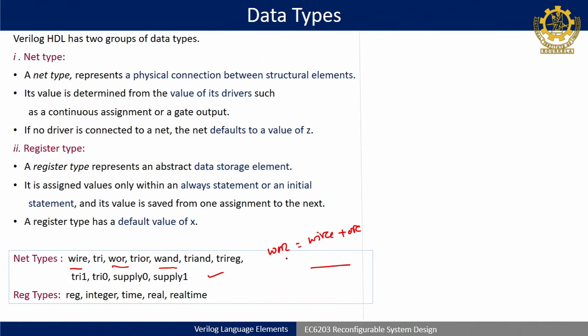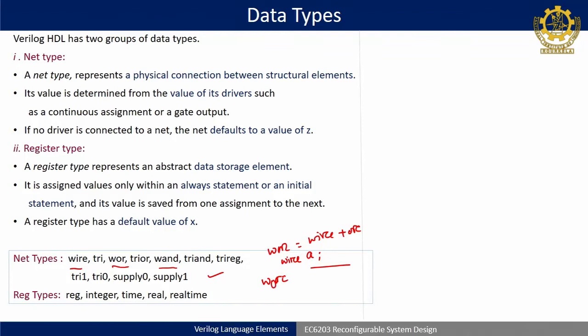If I write wire A, A will take only one value, either 0, 1, x, or z. It is not a multiple driving element. But if I write the same thing as wor A, and input 0 is coming and 1 is coming, they will be ORed and the final value will propagate to the next level node where it is connected. Are you getting it? I will tell this in detail in the next class.